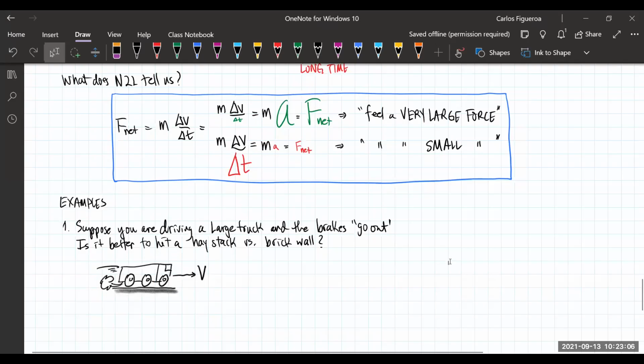And let's say that this truck here, let's make it a blue truck. So I have a blue truck and it's driving fast. Now, this truck is going to hit a pile of hay.